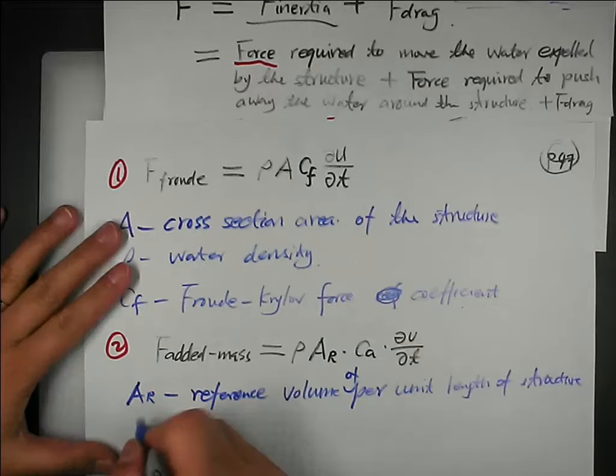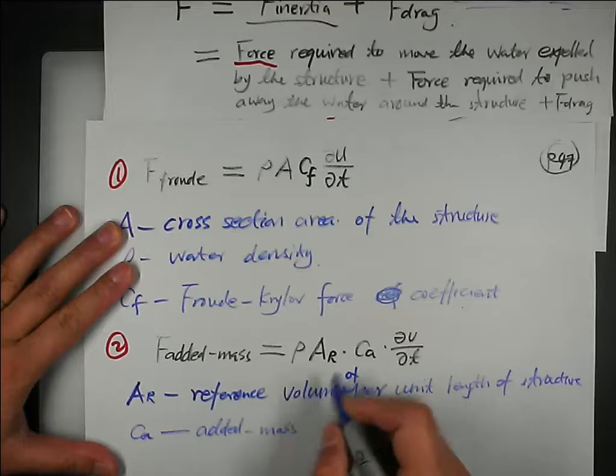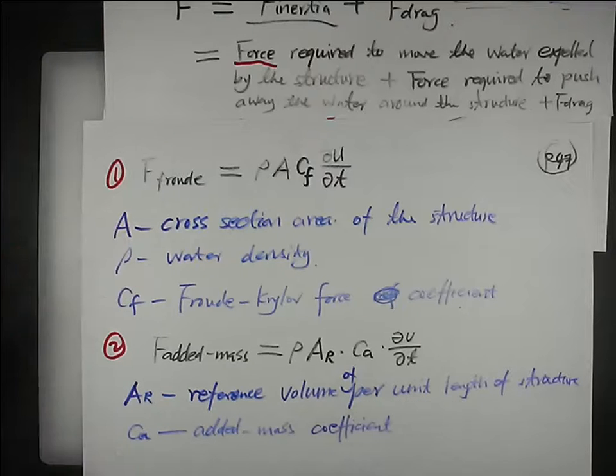Okay. Ca is the added mass coefficient, and structures with different geometric shapes will show different Ca values.